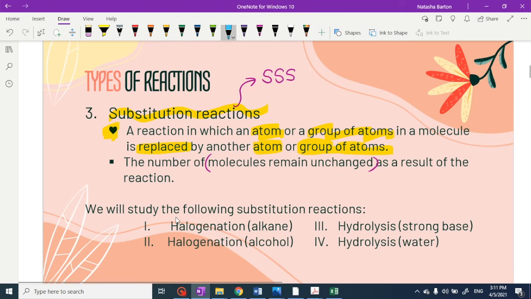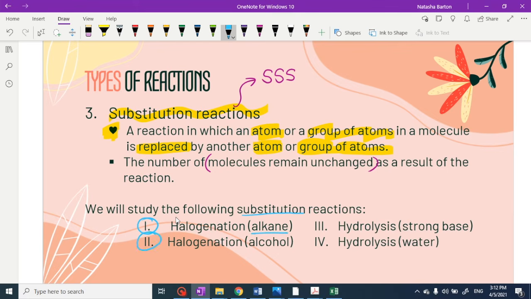So the different types of substitution reactions that we're going to be studying. Number 1, we have halogenation. Now you might remember the word halogenation from the other types of reactions. It's exactly the same name, but here we are referring to the substitution type of halogenation. So we have halogenation of an alkane.